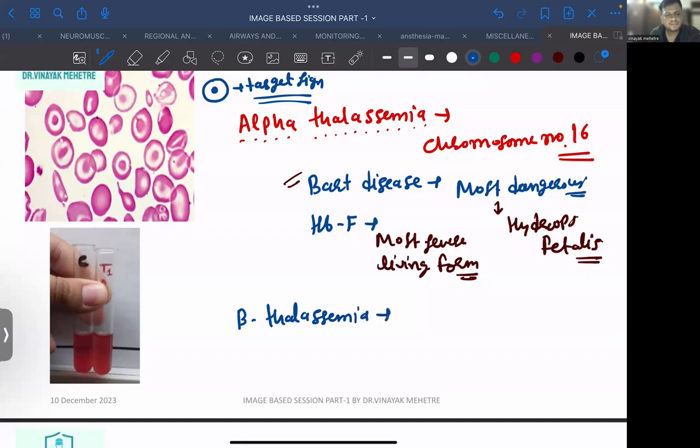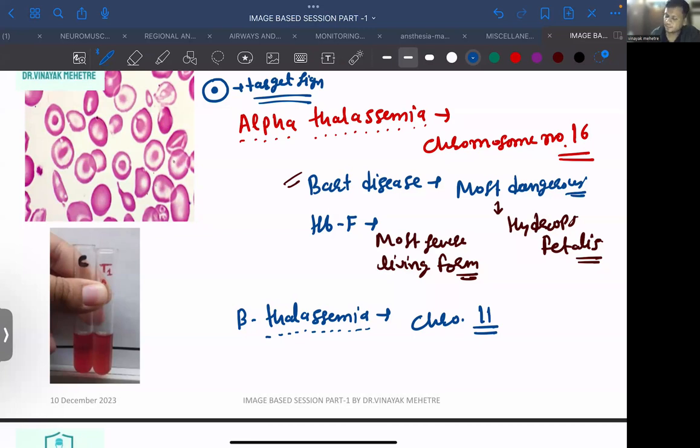What is the chromosome number for beta thalassemia? Calculate the alphabet of thalassemia. The answer is chromosome number 11.